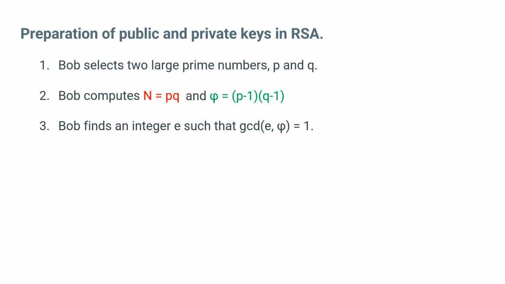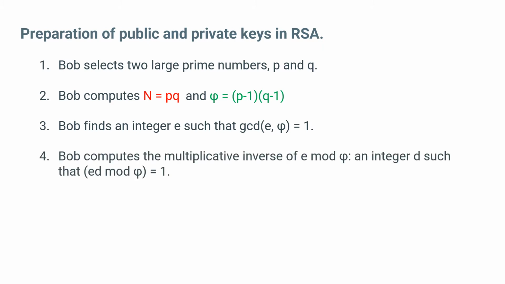Now, Bob is also going to find an integer that we'll call e, such that the GCD of e and phi is equal to 1, meaning that e and phi are relatively prime. So he has to find a number that's relatively prime to phi. We'll talk later about how he finds that integer e.